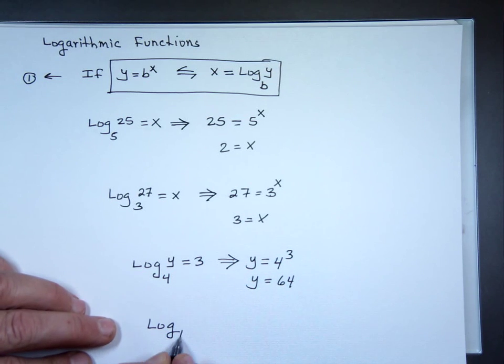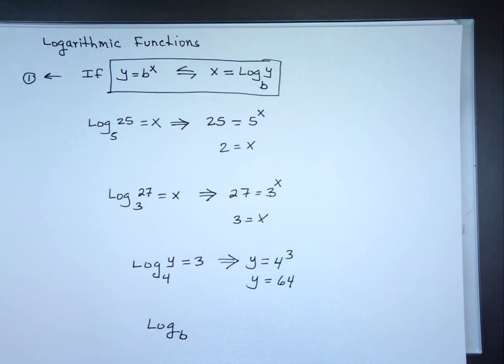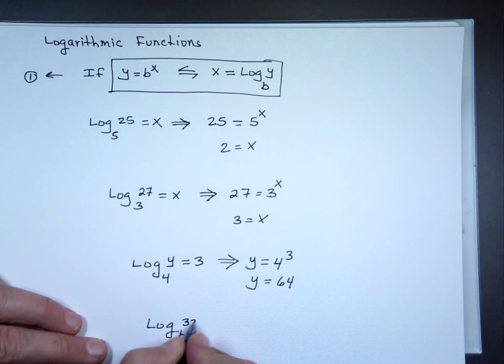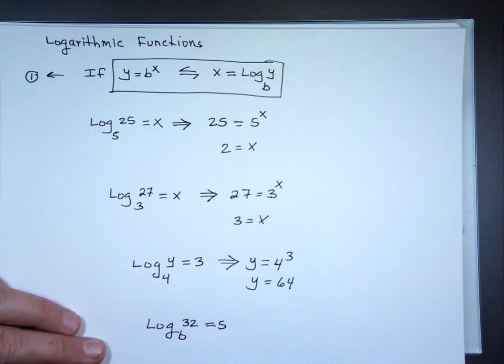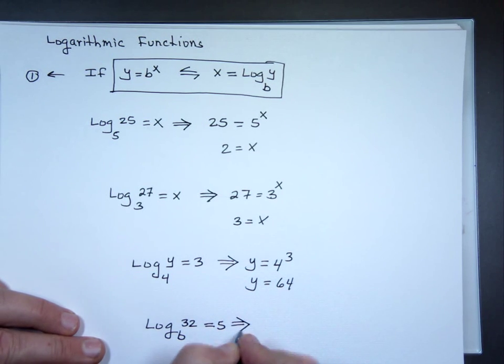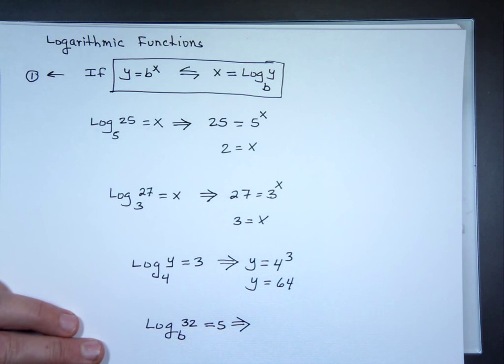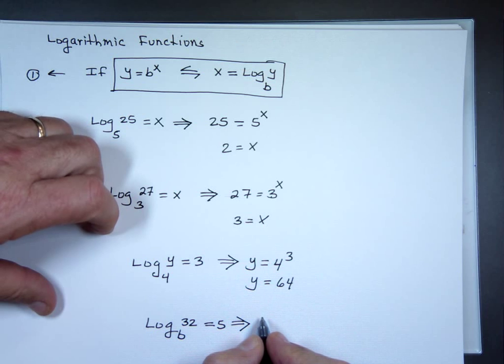Log, I'm not telling you what the base is. 32 equals 5. How'd you get 4, Ricardo? 4 times 4, 16.